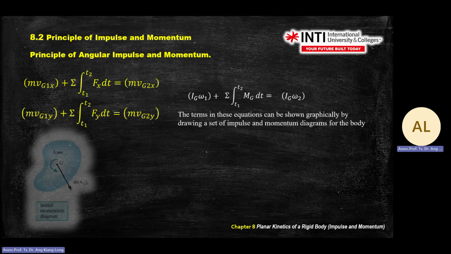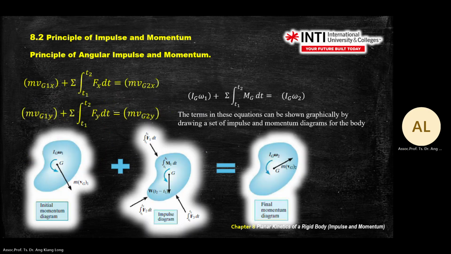The rest is your reading. So on the slide here, you see I omega 1 and I omega 2. The mv1 is linear. The blue rotating arrow is the angular motion.